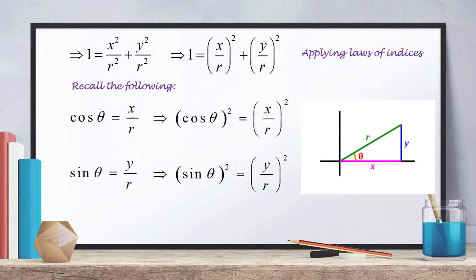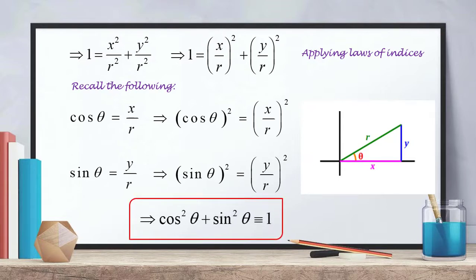Now look, what we have here, cosine squared, which is equal to x over r squared, is exactly what we have there. So in the place of x over r squared, we can comfortably replace that with cosine squared. And in the place of y over r squared, we can comfortably replace it by sine squared.